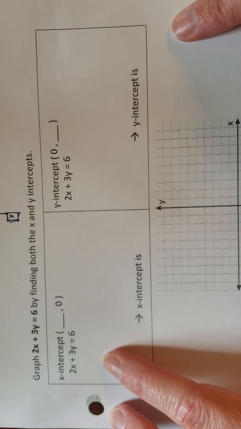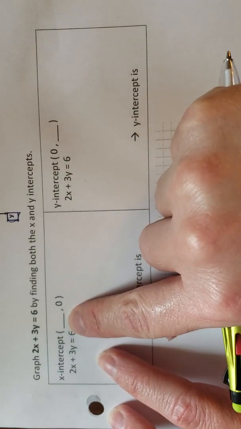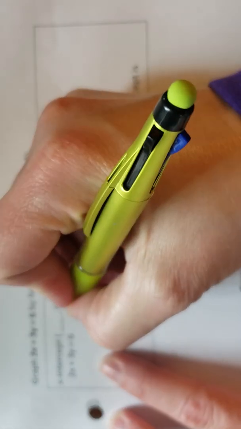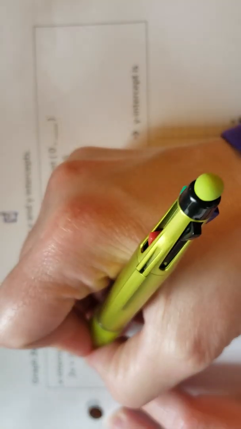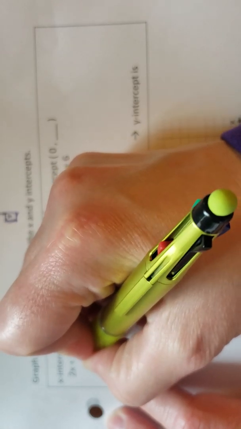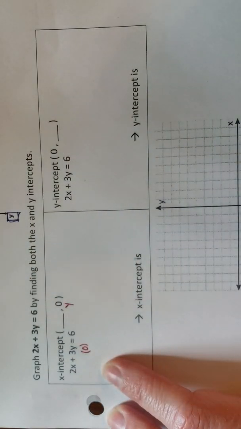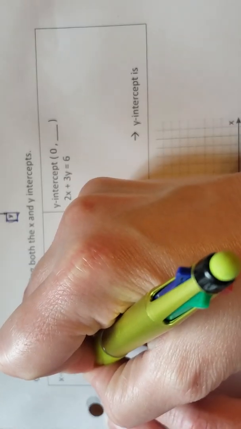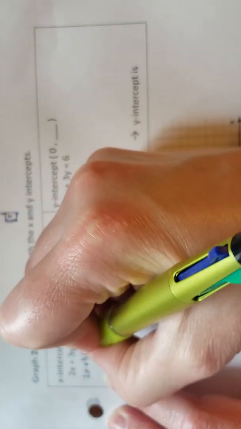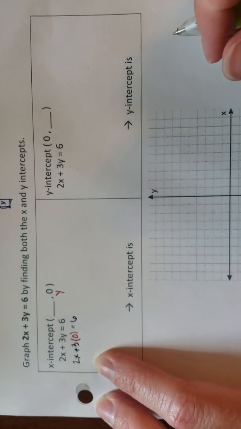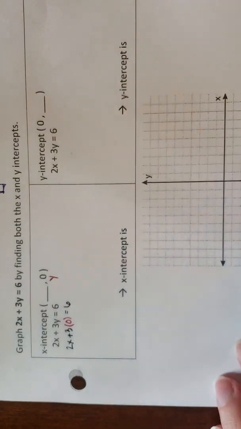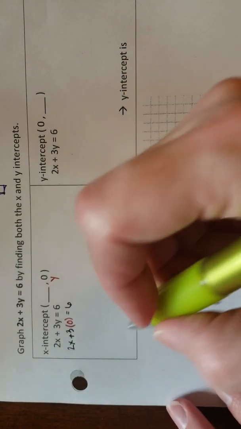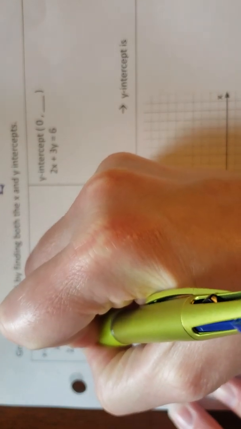So for the x-intercept, it's going to be some number and 0. So we know that y is going to be 0. Because of that, I'm going to put 0 in for y, and everything else is going to come down just like it's typed. Now that I only have one variable in my equation, I can solve for that variable. 2x and 3 times 0, that's going to be 0.